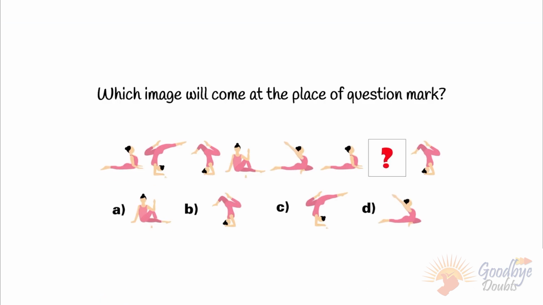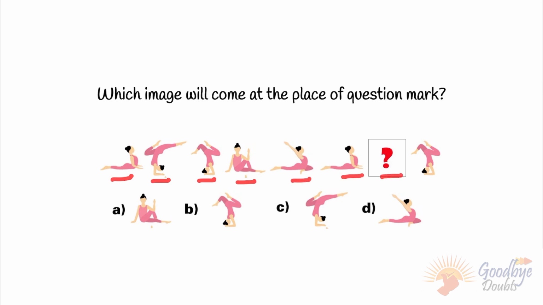So this is a question here. We have a few images and we need to find out what will come at this place. We have lots of images here. The first image is this, then this, then this, then this, then we have this image, then this image.